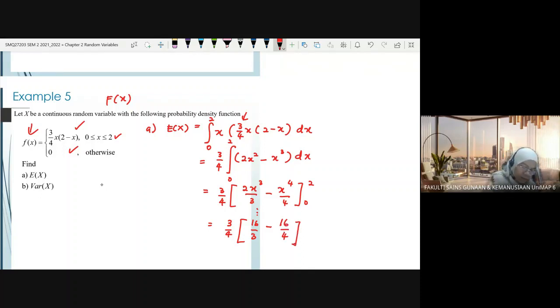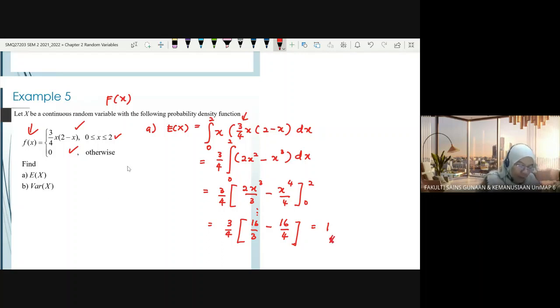So you will get 1. Just checking class, am I correct? Expected value of x is 1. Is it correct? 1, right? So you got 1.